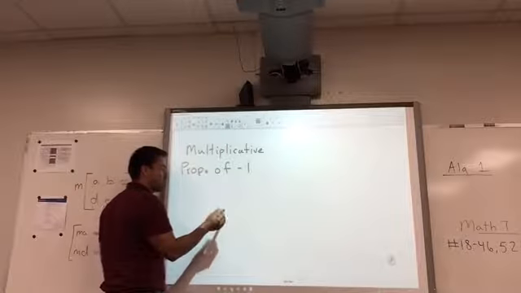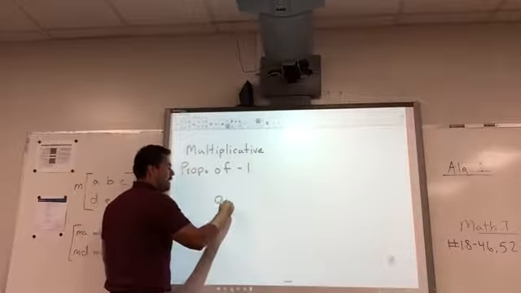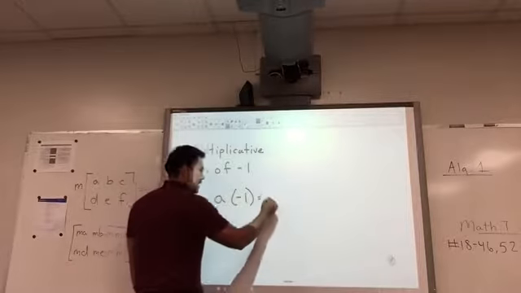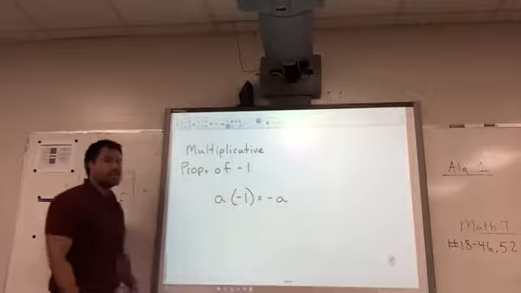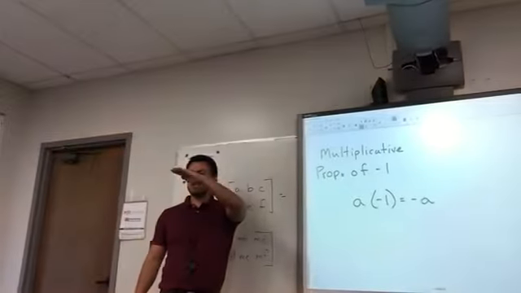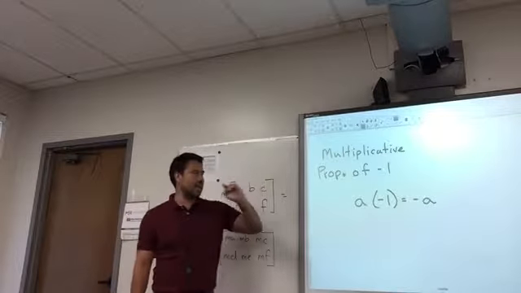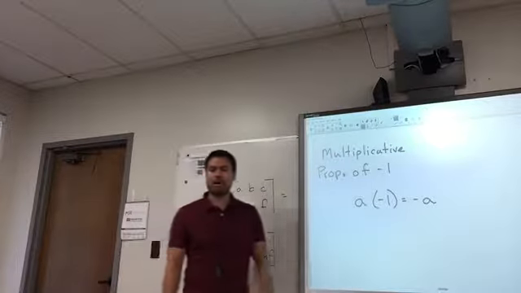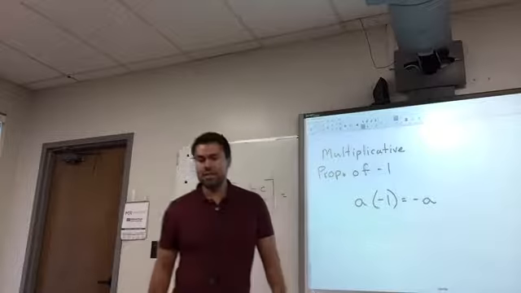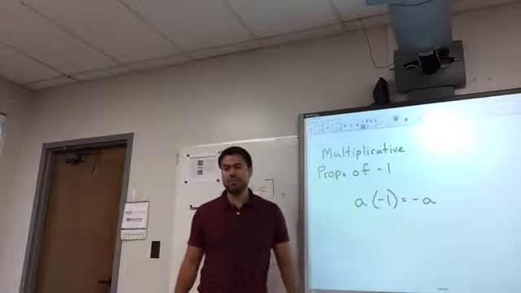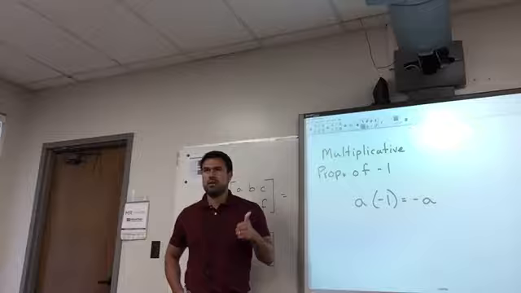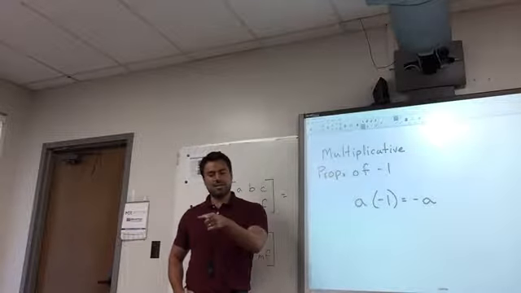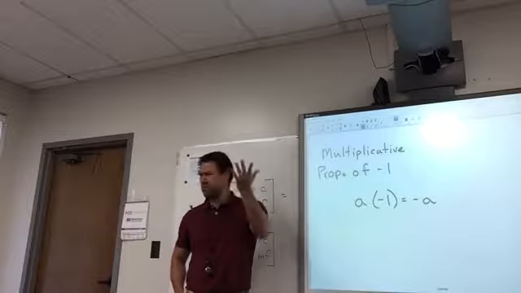Some of you are like, I don't see it. Okay, ready? Here's how you can simplify it. A times -1 is going to give me what? Negative a. Okay, somebody read for me that first sentence again, because this is where it gets confused. Kendall, can you read that for me again, the top product? The product of any number and -1 is its additive inverse. There's the confusing part. Additive inverse?